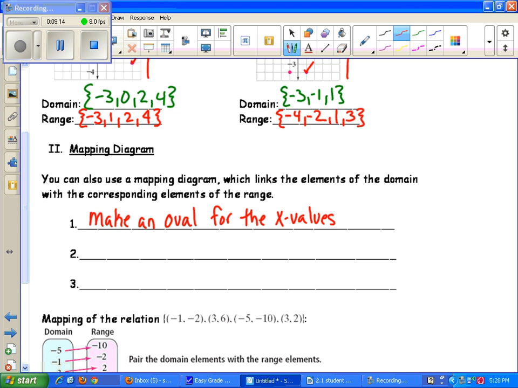And then step 2 is you make an oval for the y values.